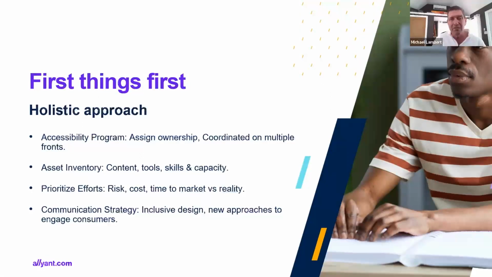And then the communication strategy overall, inclusive design at the heart of it. But I think we need to start thinking about new approaches to engage consumers. And maybe these complex statements and transactional correspondences may not be the right direction long term.